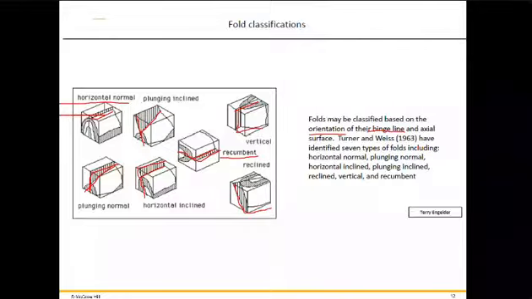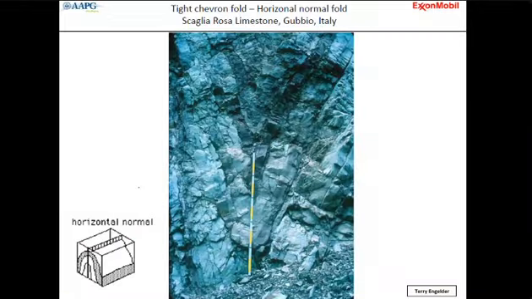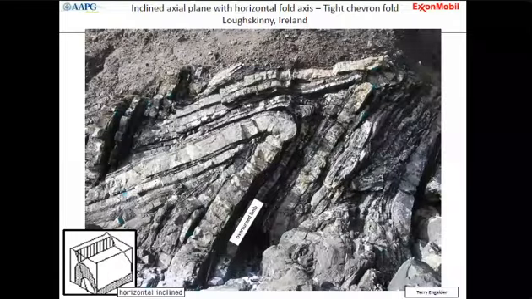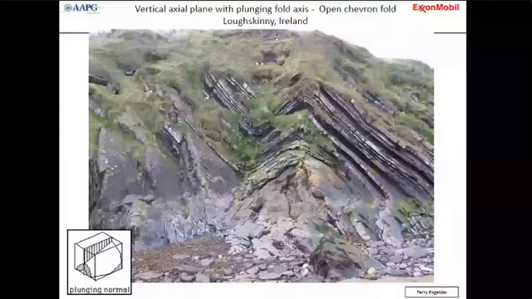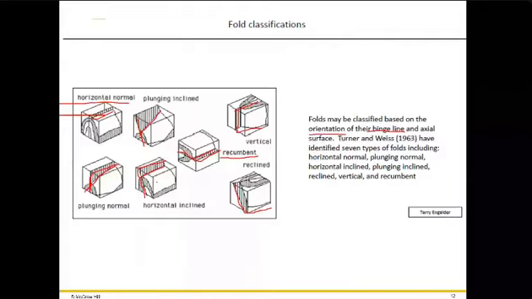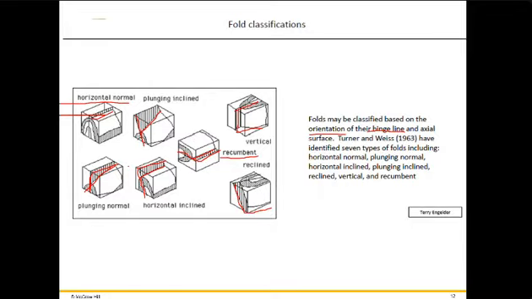And the remainder of the slide shows us outcrop orientation that fits some of these types of fold we've talked about. So this is horizontal normal.